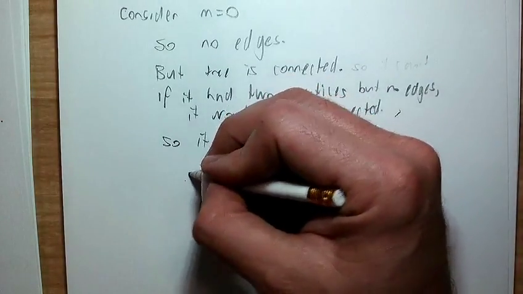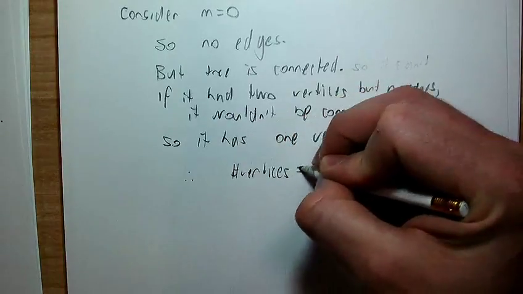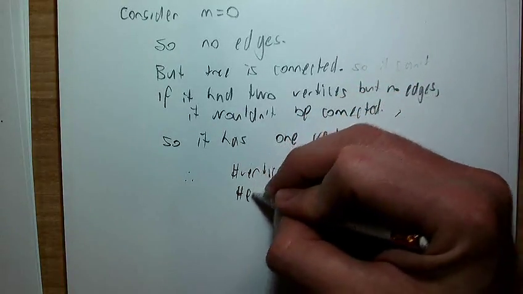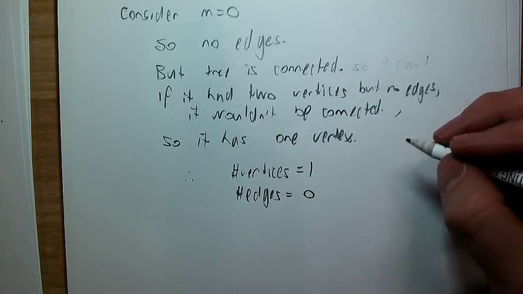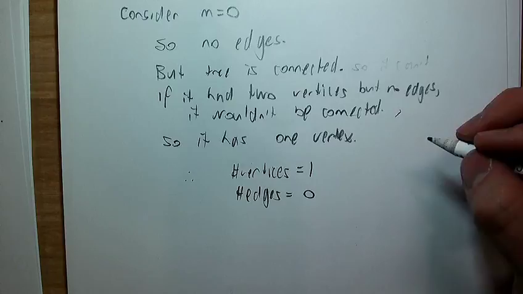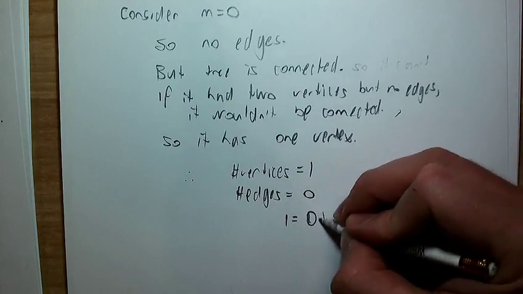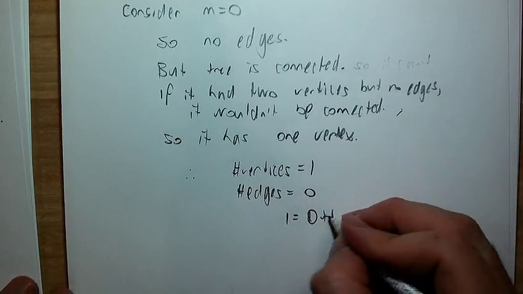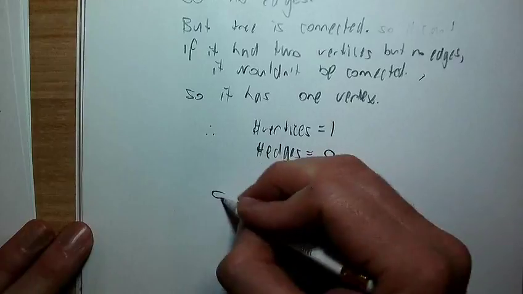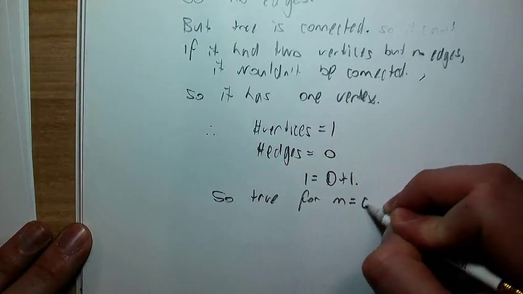Okay, so therefore the number of vertices is 1, and the number of edges is 0, and so that works. You know, 1 equals 0 plus 1. So true for m equals 0.